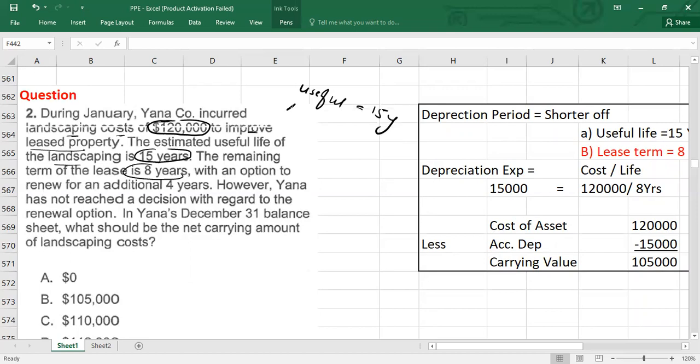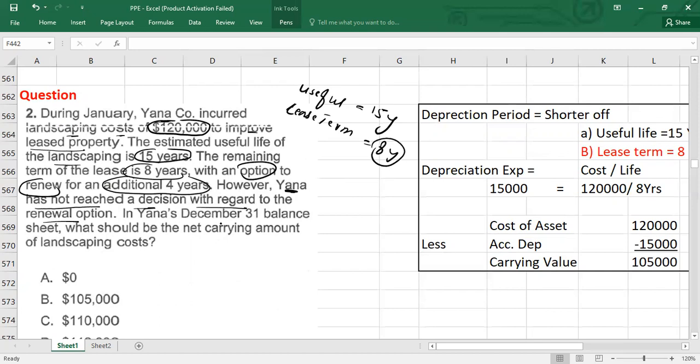So we have a lease term, which is 8 years, with an option to renew it for an additional 4 years, but you have to check whether we are certain to renew it or not. However, Yana has not reached a decision with regard to the renewal option. It means it's not certain. So we will take only the lease period of 8 years.